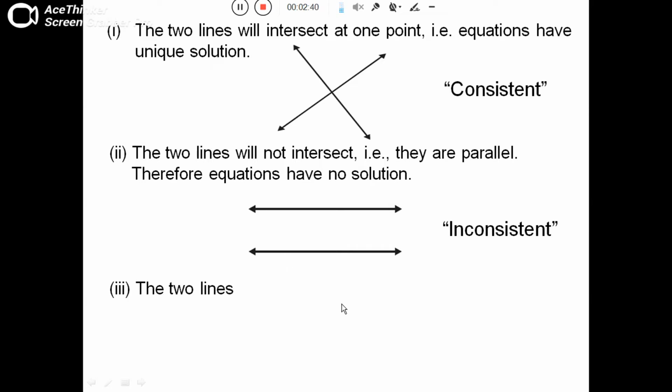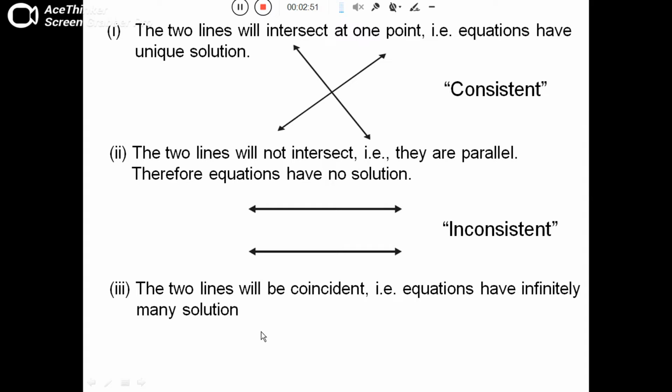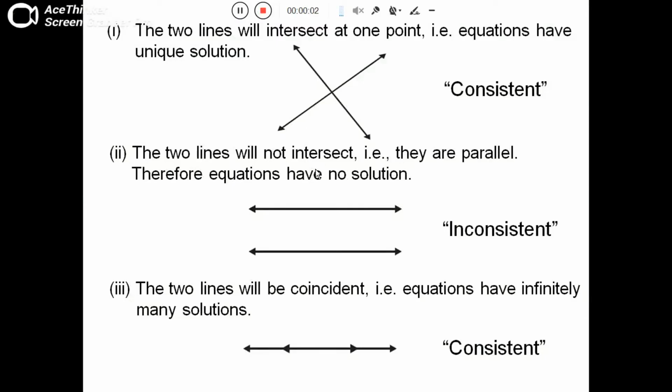Now the third possibility is that the two lines will be coincident. It means the equations have infinitely many solutions. In the figure, both the lines coincide, and because of this they are called consistent. Okay children, when the equations give you a solution, meaning the lines intersect, as in the first and third conditions, the equations are called consistent.